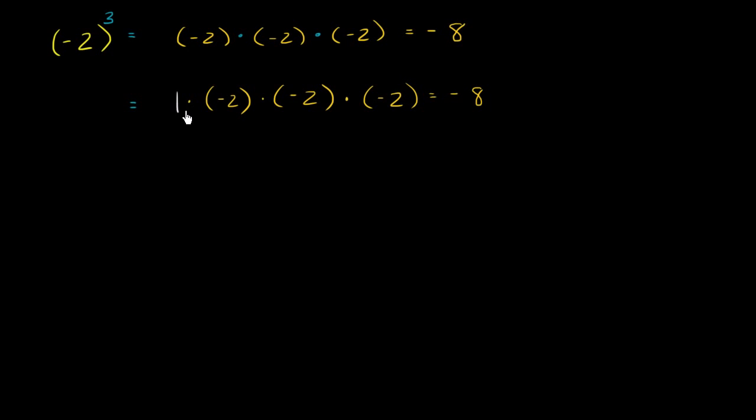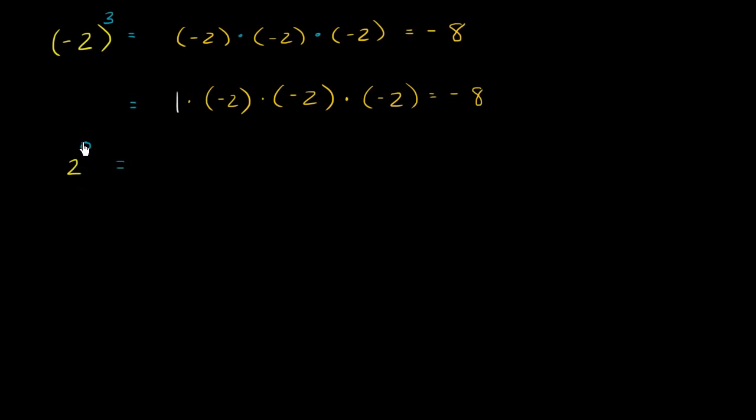And this might be a slightly more useful idea to get an intuition for exponents, especially when you start taking things to the 1 or 0 power. So let's think about that a little bit. What is +2 to the 0 power going to be equal to, based on this definition?